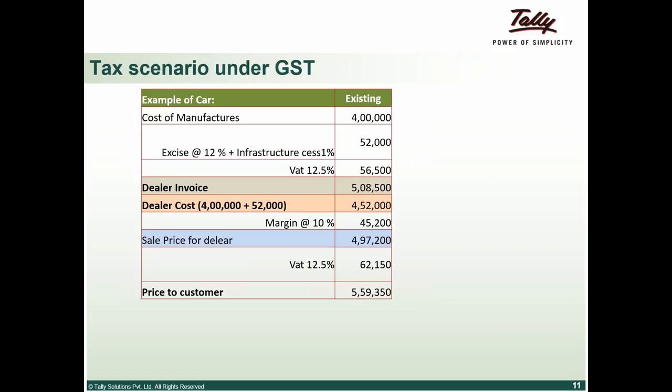So now the cost of the car to the dealer is going to be 4,52,000. Let's say that he takes a 10% margin, which is 45,200, and now the sale price for the dealer is going to be 4,97,200. On that he is going to charge VAT. Now in the case where he purchased, he paid 56,500 rupees as VAT.